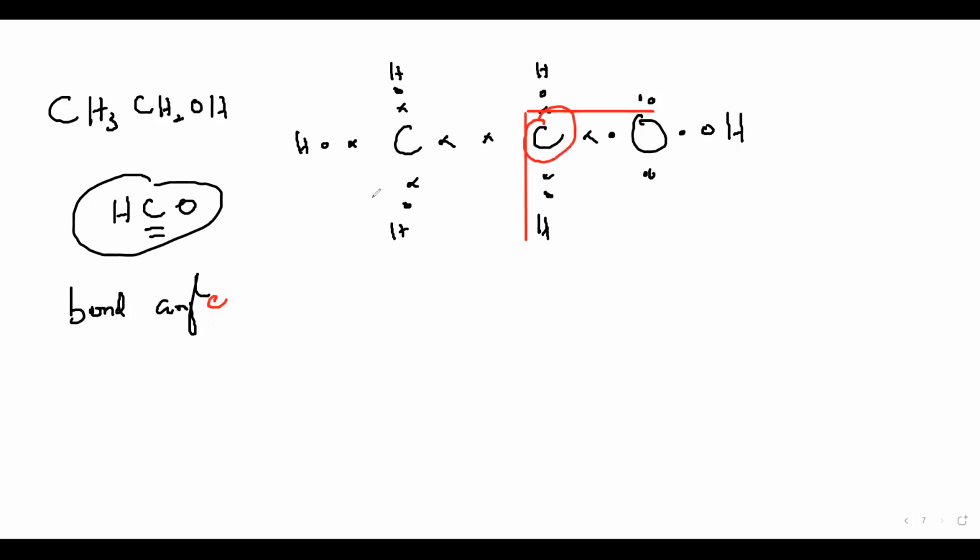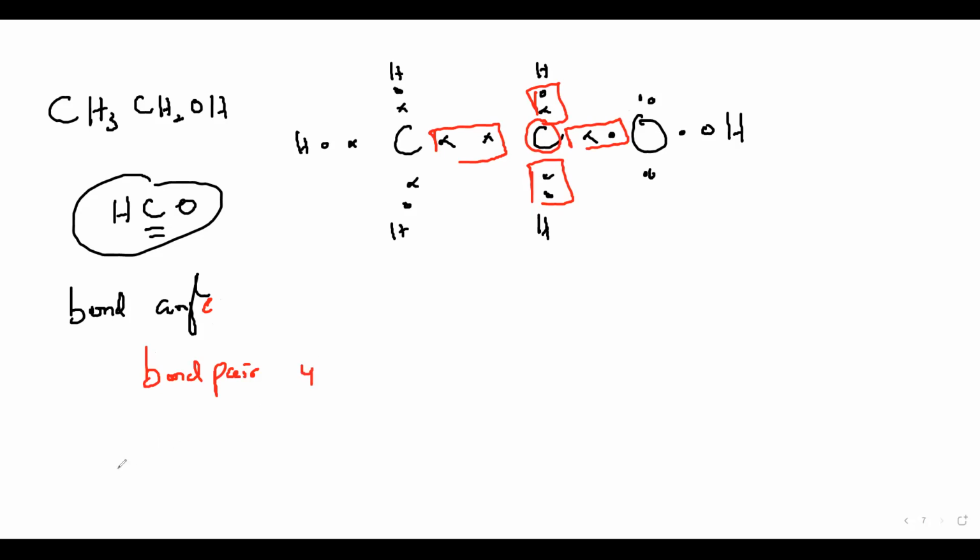When we are predicting the geometry, we should check the carbon. The central atom is carbon. How many bond pairs are there? 1, 2, 3 and 4. There is no lone pair. So the total number of bond pairs is 4, and the total number of lone pairs is 0.